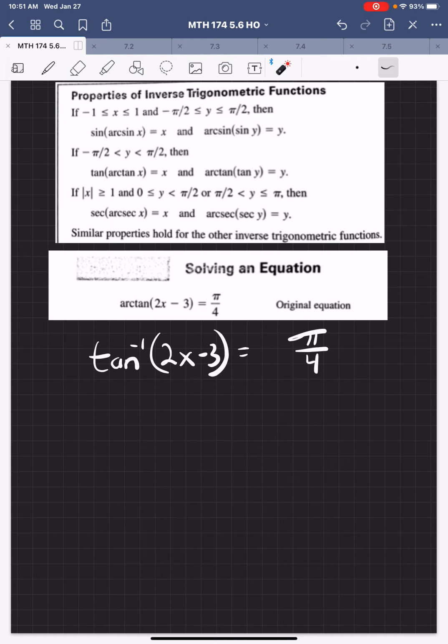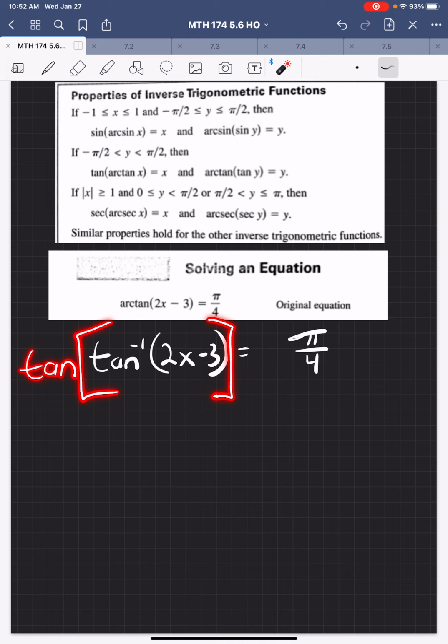So if I want to get x out of here, right, I want to solve for x, then tan inverse, if I were to take tan of tan inverse, that would be like if I took your age and multiplied by 2 and then divided by 2.